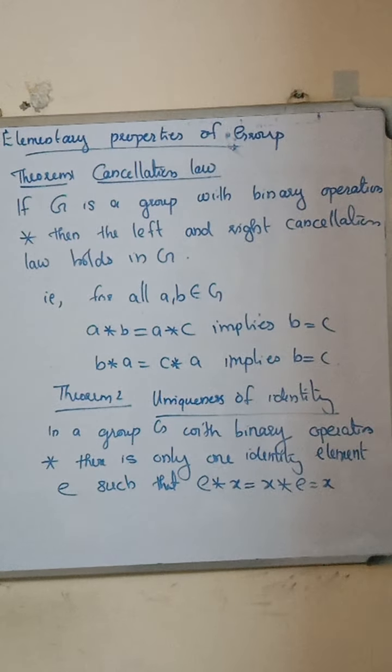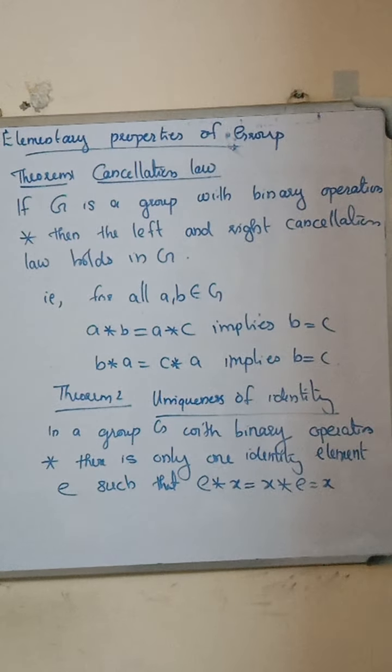Then we know that the set of all invertible matrices of the same order, where the operation is matrix multiplication, is a group. Here, matrix AB equals CB. Then we can cancel out B from the right and that implies A is equal to C.